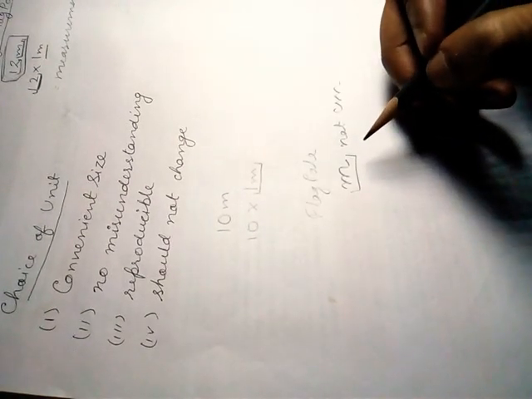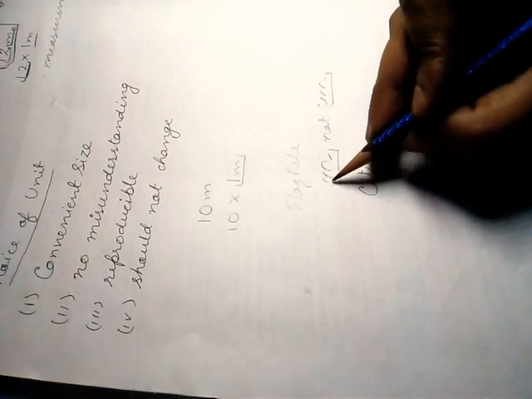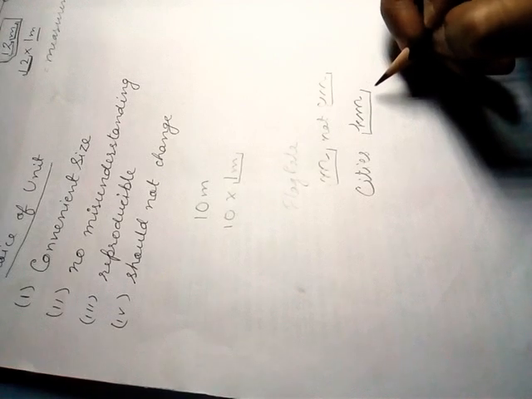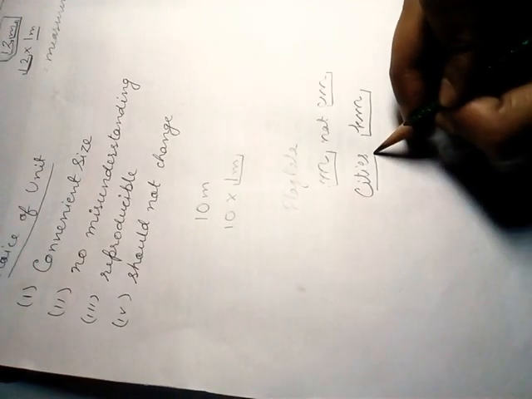Suppose I tell you to find out the distance between two cities, will you use centimeter or will you use meter? You will not use either of them. We will use kilometer, which is a much bigger unit by which we can measure the distance between two cities.